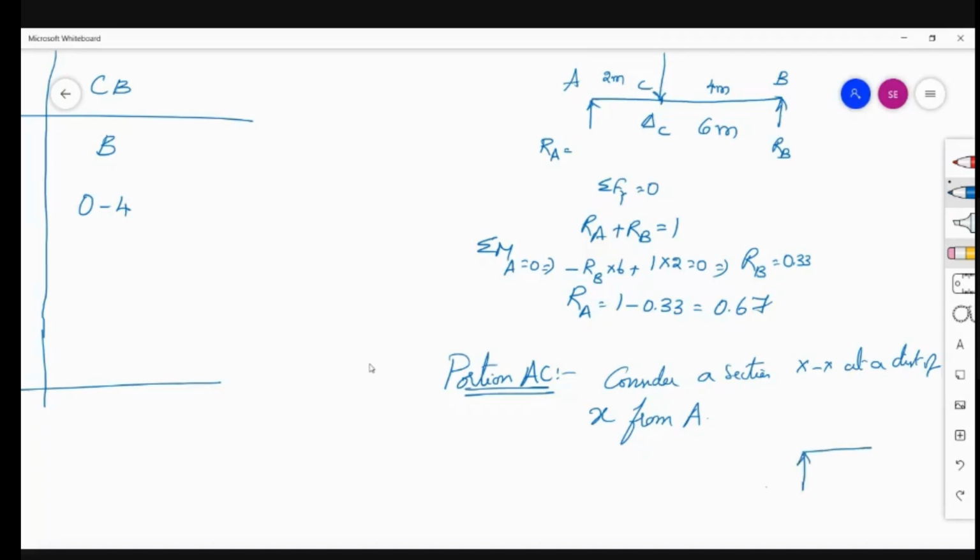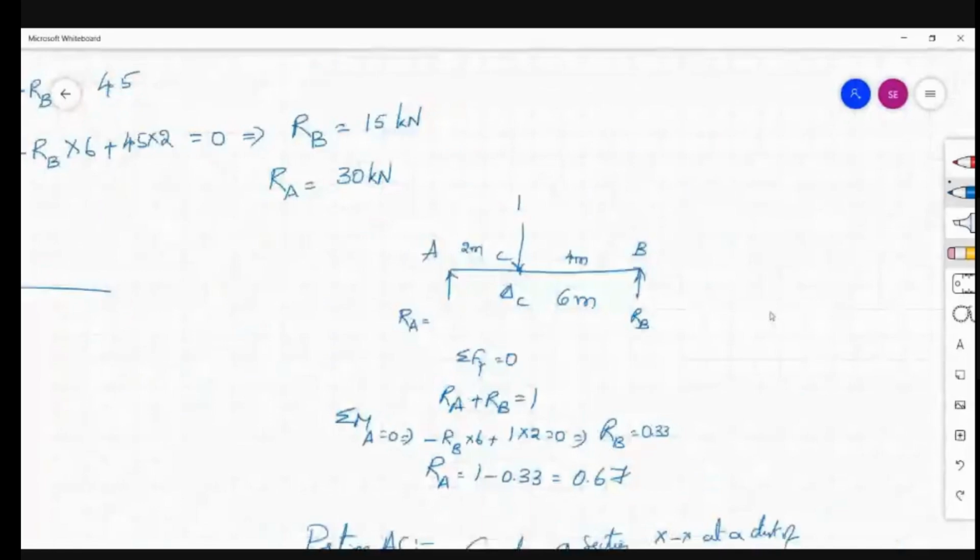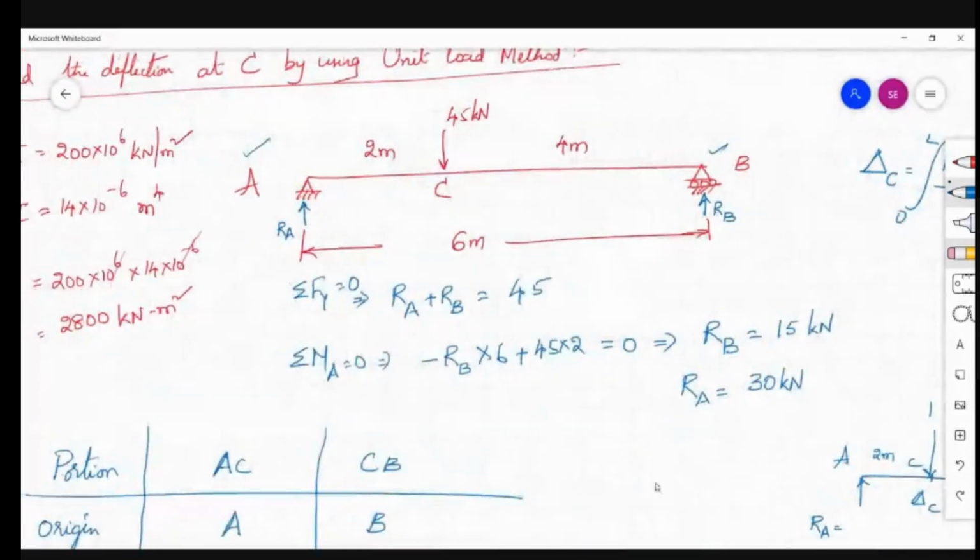This is your RA value, and this is your section XX, at a distance of x. In between portion AC, just see the diagram: if you consider a section here, it makes a distance of x from A.